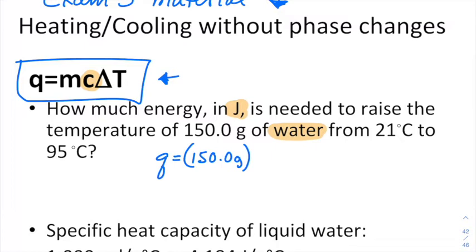This is a value you're going to need to know by Wednesday. So specific heat of water in joules, there we go, 4.184. Make sure you know this value right here by Wednesday. And then we have our change in temperature.